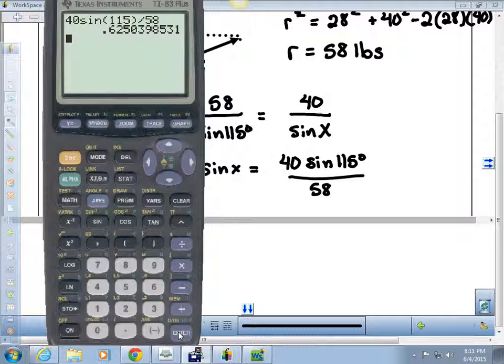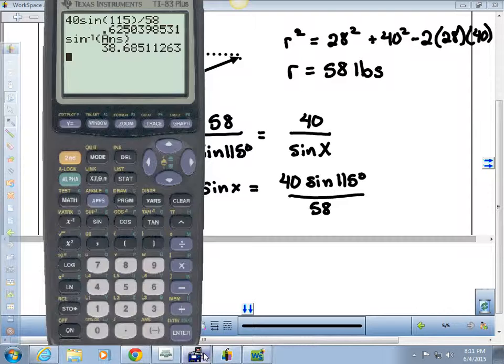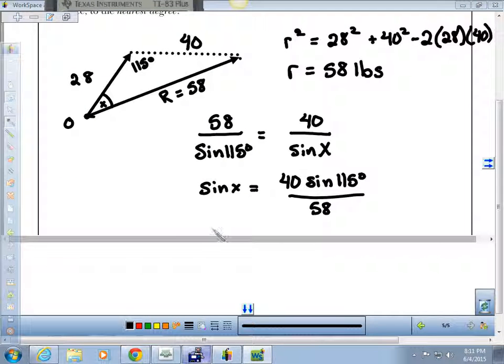Can sine be 0.6? Yes, it just can't be greater than what or less than what? 1 or negative 1. So what do I do now? Inverse sine of that. And they wanted it to the nearest degree. 39 degrees. The measure of angle x is 39 degrees.